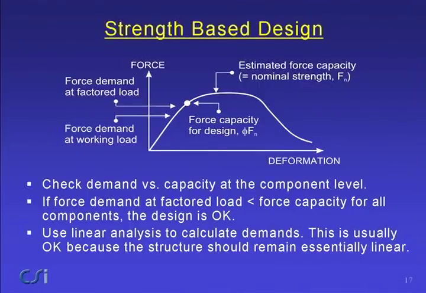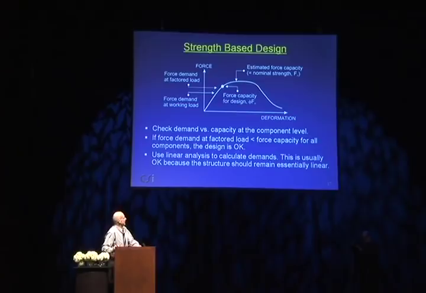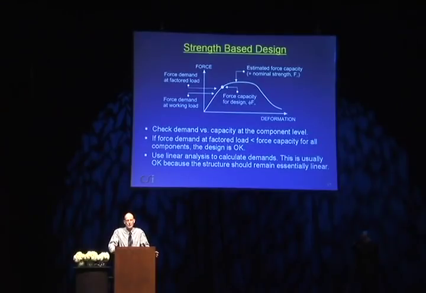On the demand side, you could calculate the force demand at working load somewhere here, apply a load factor to get the force demand at the factored load. And basically, you're going to check force demand versus force capacity at the component level. If the force demand at the factored load is smaller than the force capacity for all of the components of the structure, then your performance is satisfactory.